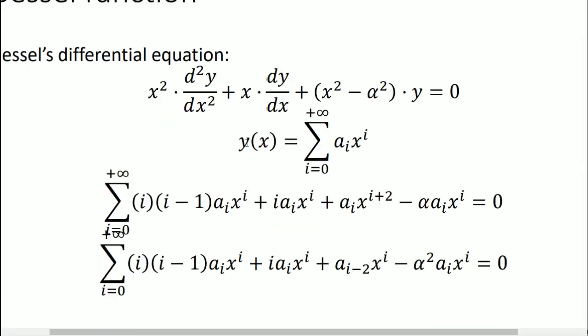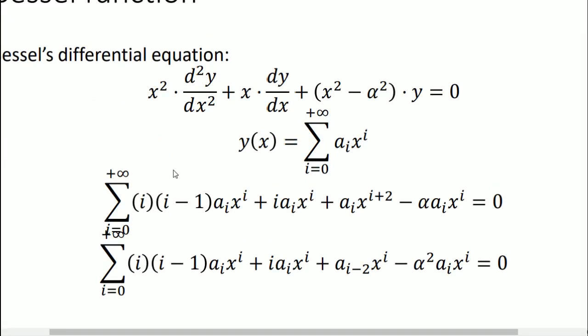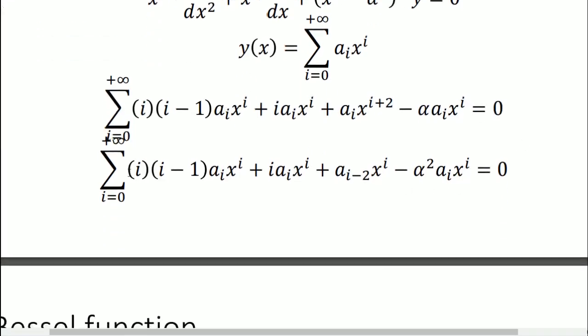We will assume that y(x) has this form. So we replace using the previous results for y' and y differentiated twice. So we have all of this. We factorize. We do a change of variable of this power in order to have x to the power i. And we get this result here.